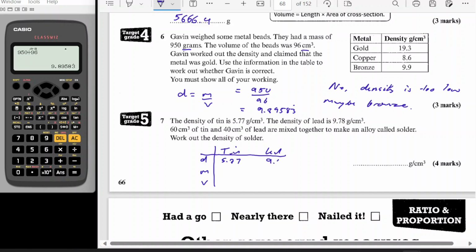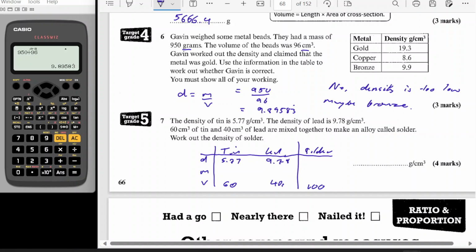Density of lead is 9.78. We have 60 centimeters cubed mixed with 40 centimeters cubed, and we need the combined alloy, or the solder. We can't combine the densities like that. We can combine the volumes and say that we're going to have 100 centimeters cubed, but we need to work out the mass of the two parts and add them together to work out the density.